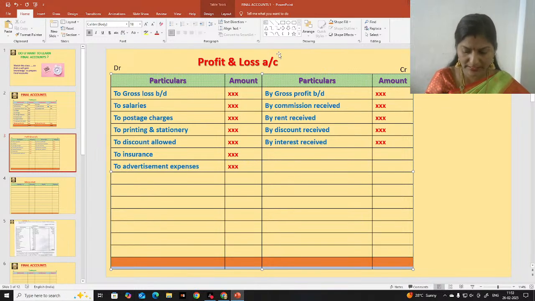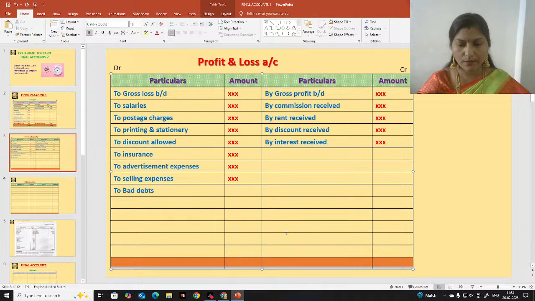Next item, to selling expenses, amount column XXX. Next, to bad debts. Bad debts also we should record here.